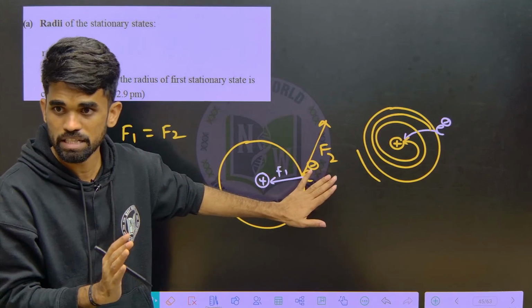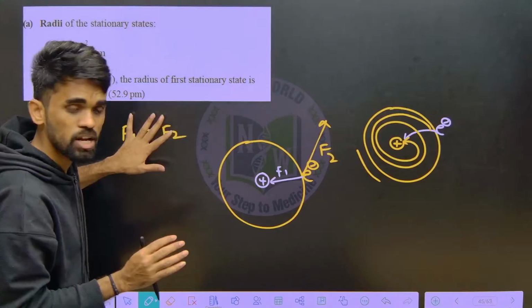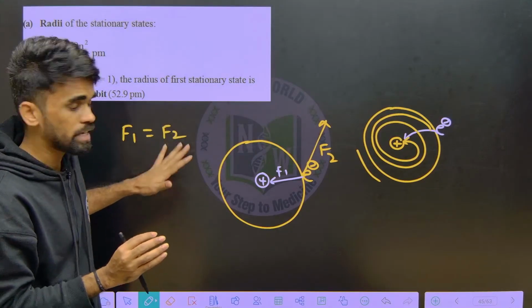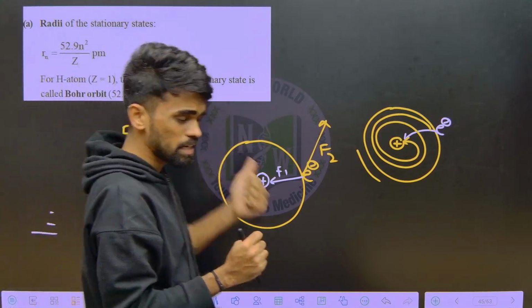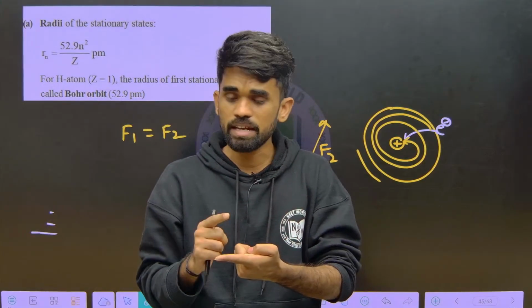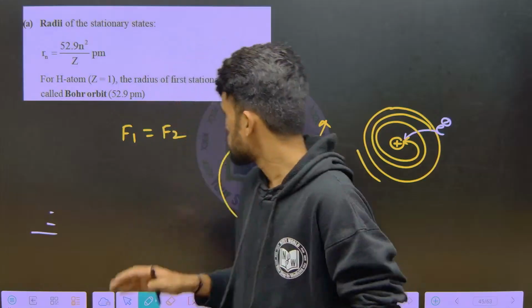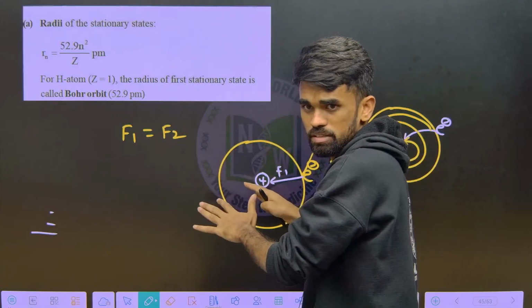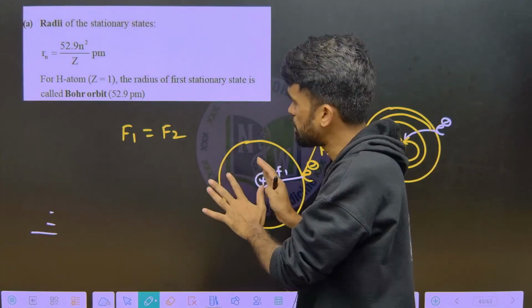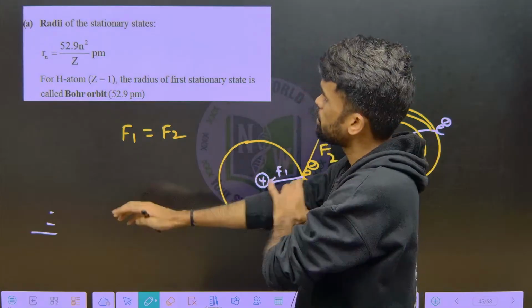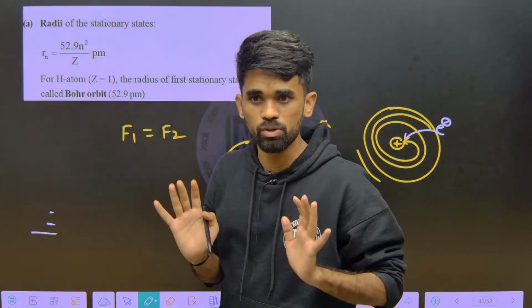It will not get destroyed. Based on this approach, he gave the calculations for radius, energy, velocity, all these things. I am not explaining all those things because you may feel it is too heavy. So I am directly giving the formula, and based on that we will do the questions.